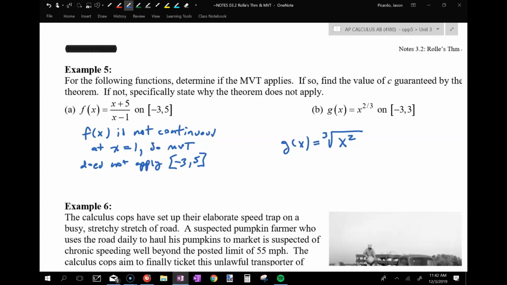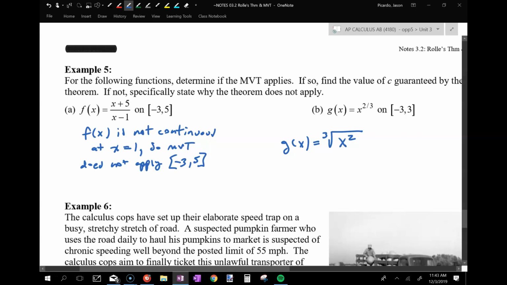If I plug 0 into this, what do I get? I get 0. What if I plug in 1? I get 1. What if I plug in 2? Cubed root of 4. What if I plug in negative values? I can plug in negative values, yeah, sure.